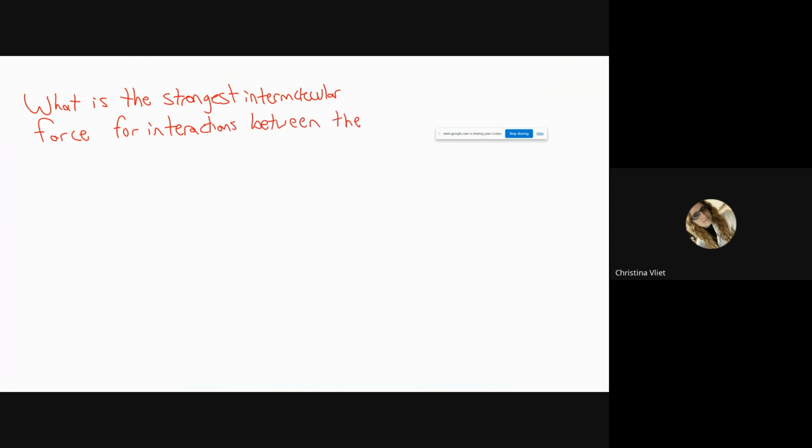So let's take a look at questions. The first type of question you will be asked is: what is the strongest intermolecular force for interactions between the following substances, or molecules, or whatever substances?